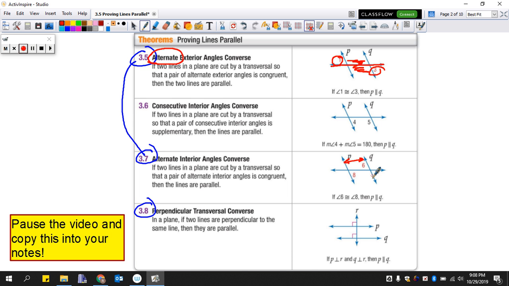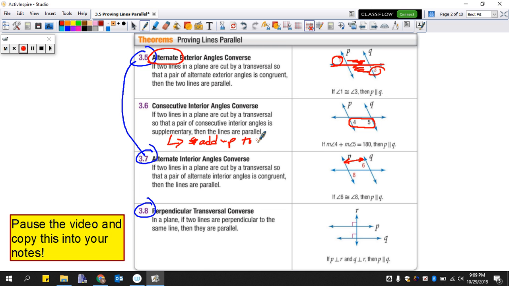Consecutive interior, remember consecutive means that they're both on the same side and they're interior. So 4 and 5 are consecutive interior. It says if two lines on a plane are cut by a transversal, the pair of consecutive interior angles is supplementary. Remember, supplementary means they add up to 180 degrees.